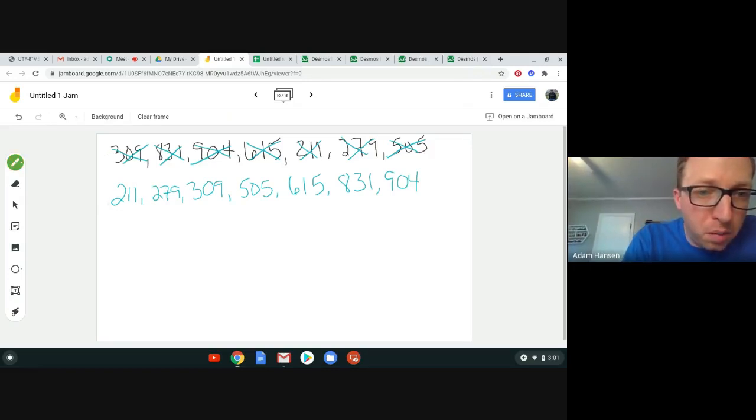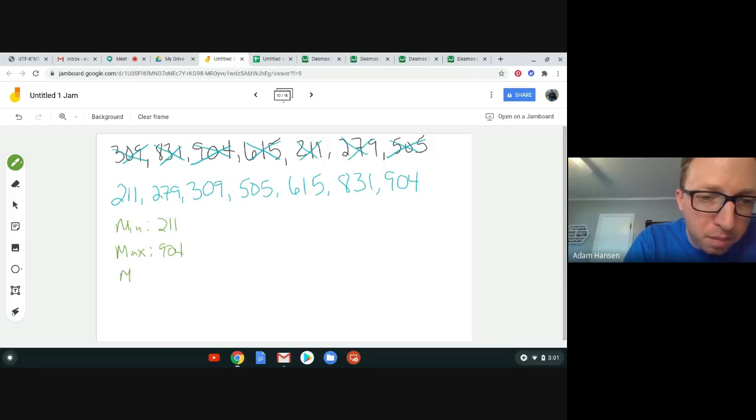So the min would be 211, and the max would be 904. Just finding the 5-number summary.